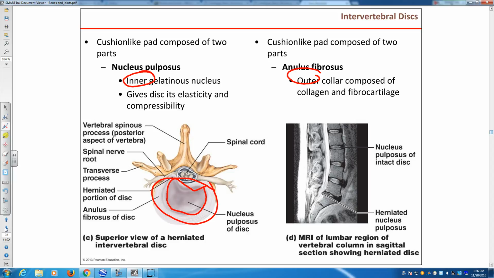Or should I say Latin? Now look at the words. Nucleus, it's a core, right? So it's the core of the disc, which is pulposus. A lot of collagen, a lot of water. So it's elastic. It can be compressed, so it allows for that buffering. Make sense?